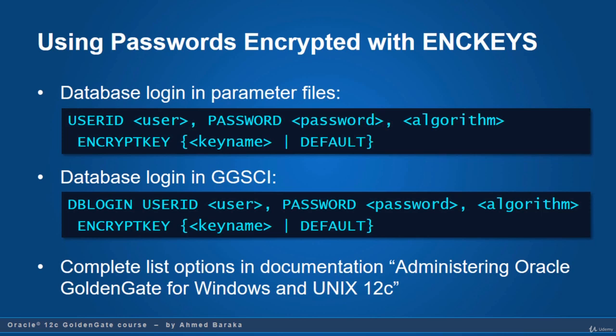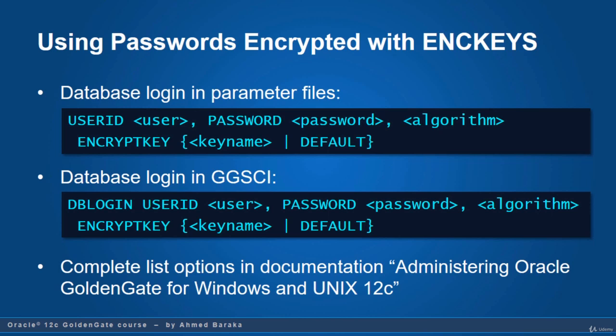You pass the encrypted password to the user ID parameter and define the encryption algorithm and the encryption key. The provided key must exist in the EncKeys file. As you learned in the course, you use the dblogin command to log into the database from the ggsci command prompt.